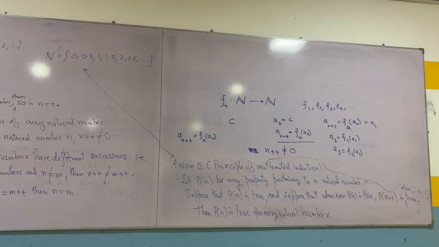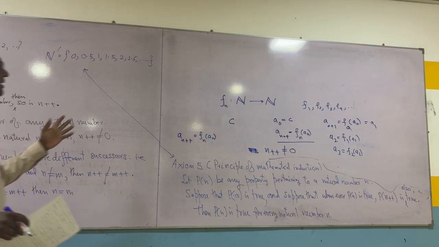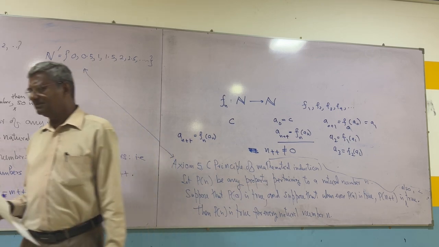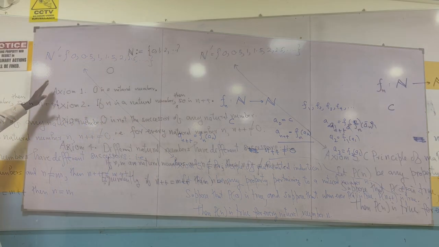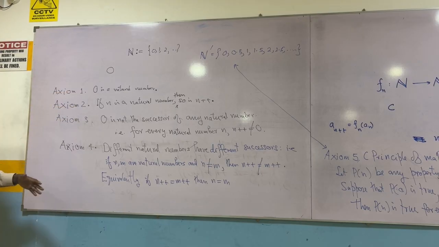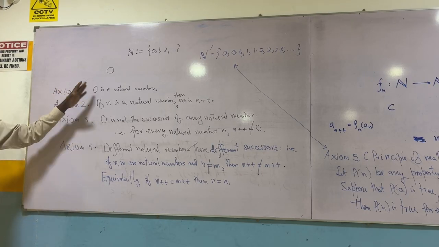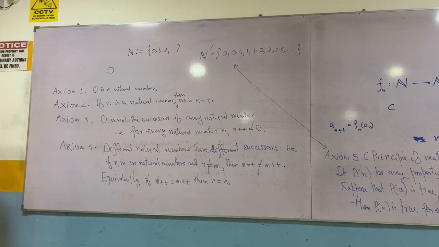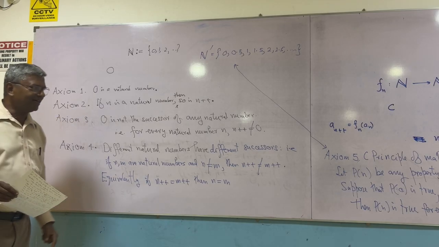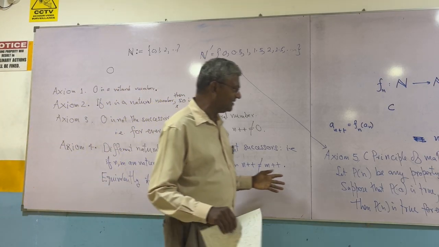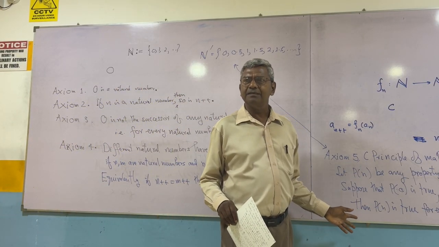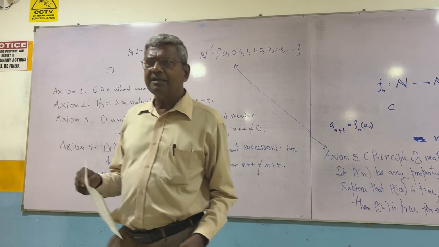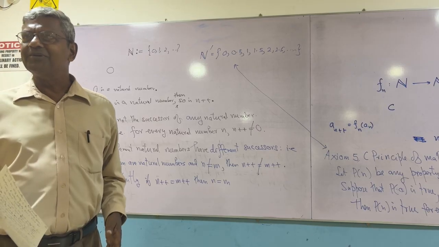Recursive definitions are all over, everywhere in analysis. In algebra, it's not that much. Axioms 1, 2, 3, 4 are kind of in the same boat. Axiom 5 is the principle of mathematical induction. I hate to say this, but this can be proved. If it is an axiom, how can you prove it?